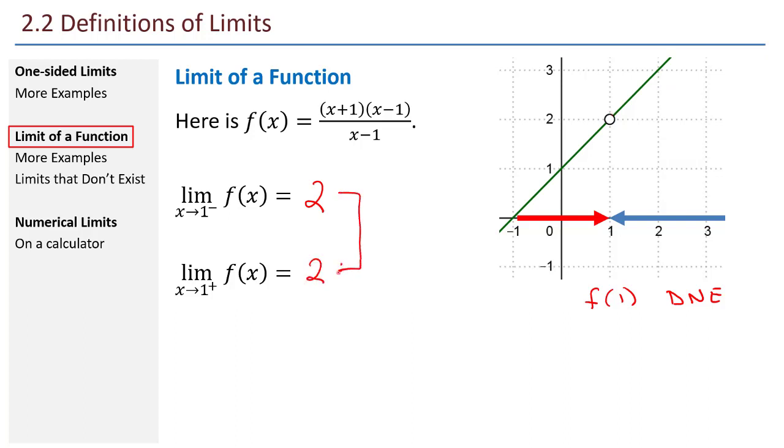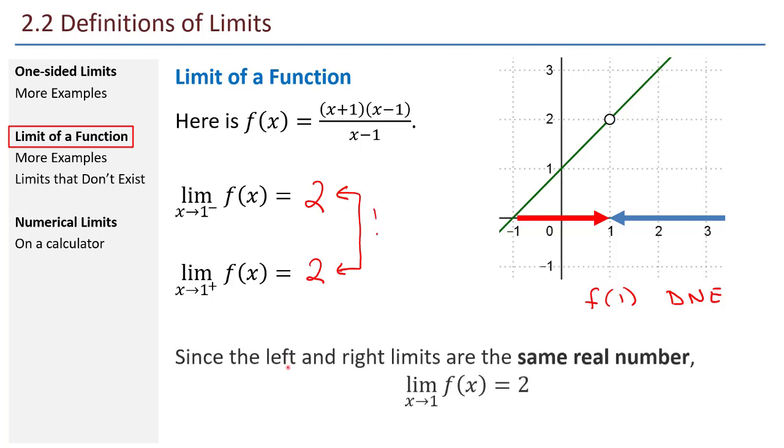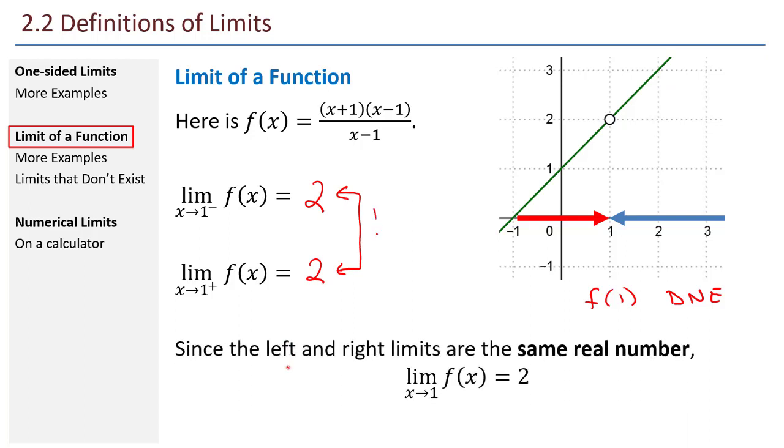And here's the key idea: these match. That is a nice thing. Since the left and right limits are the same real number, that's when we say that the limit exists. The limit as x goes to 1, with no superscript, of f of x equals 2. If there's that hole in the graph, 2 is the value that should be filled there.